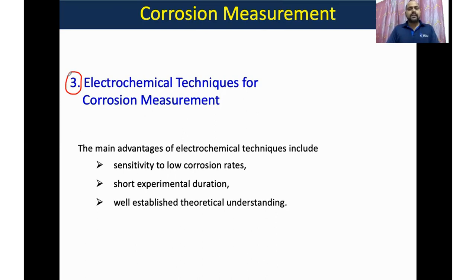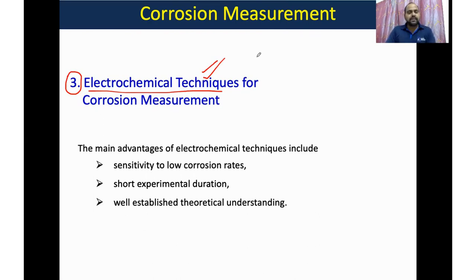But if we are thinking of more quantitative information and more logical analysis of the corrosion, some other technique needs to be explored. So in the same direction, we are moving toward the next, that is the electrochemical technique for corrosion measurement. This is, I think, the most studied technique and also very convenient for us.